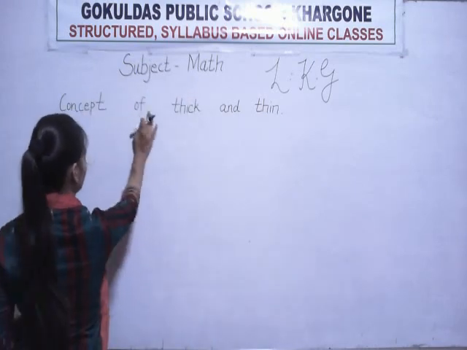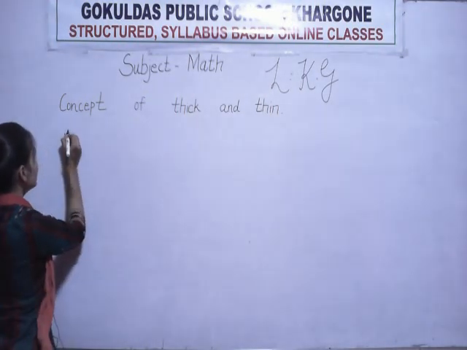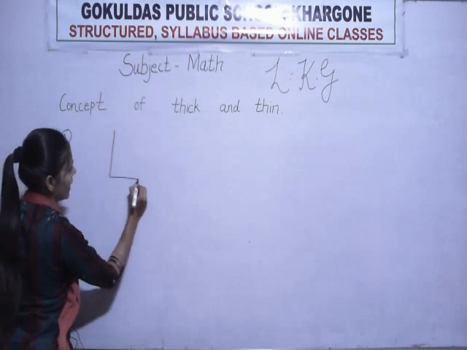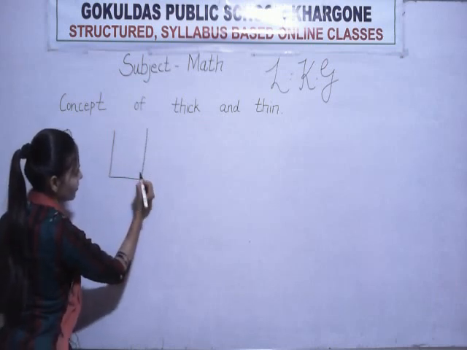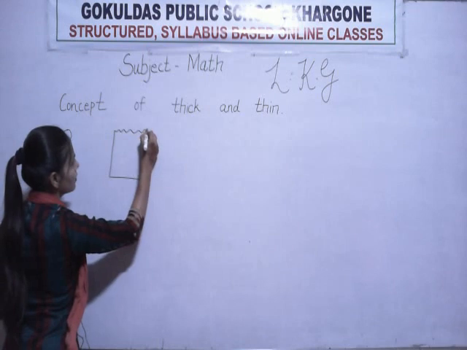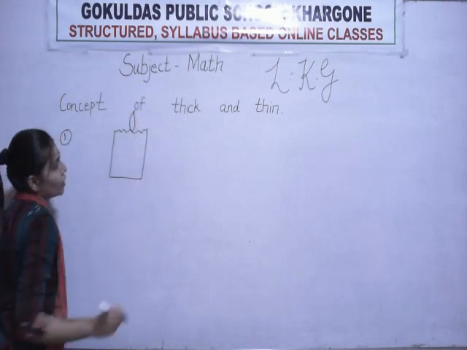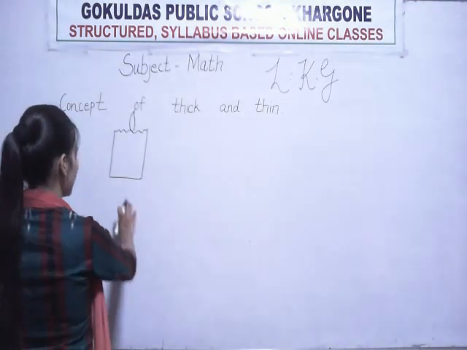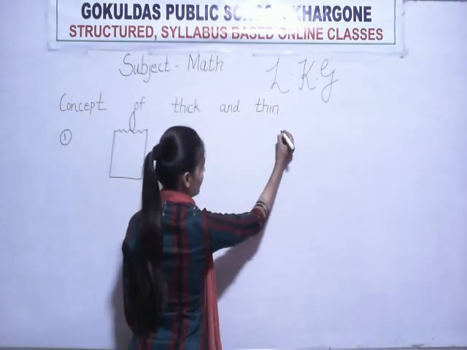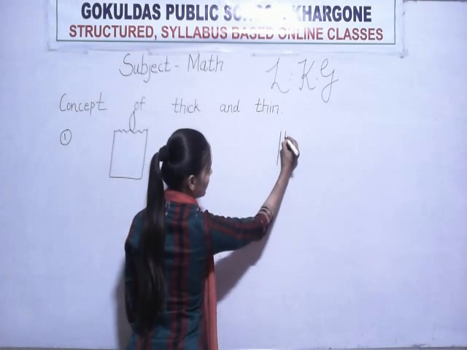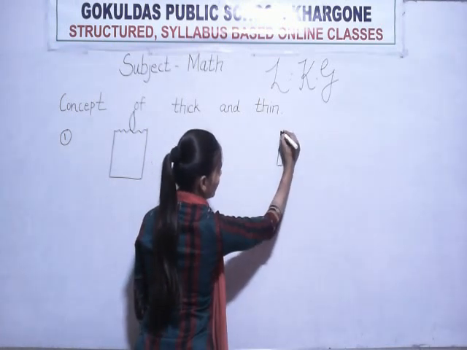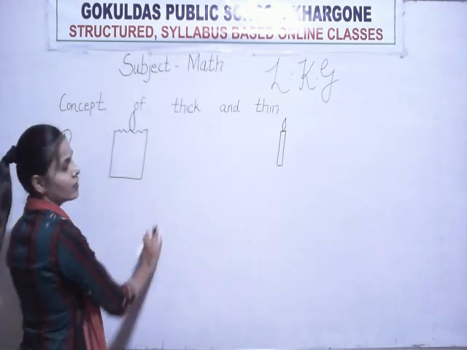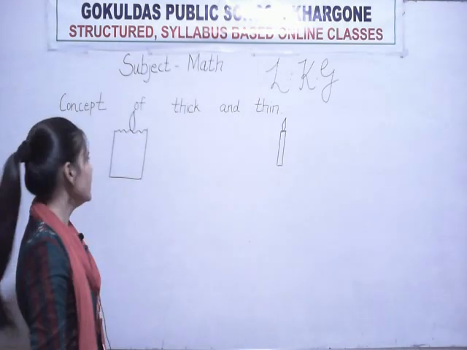Look here. Okay, number 1, you make a candle. On your birthday you use candles, so many candles, so this one is a candle. And here also make a candle, but this type of candle. Okay, so here we write which one is thick and which one is thin.